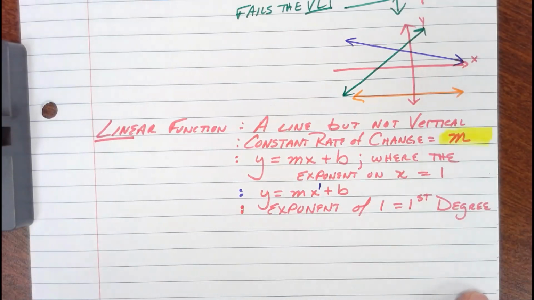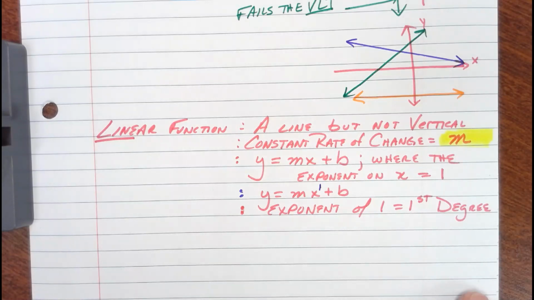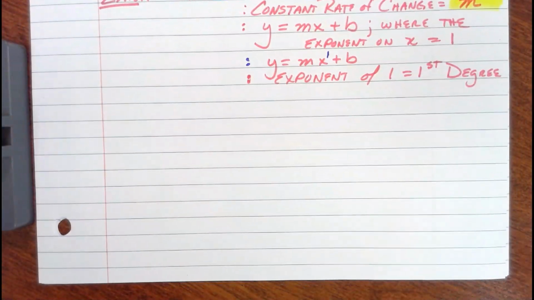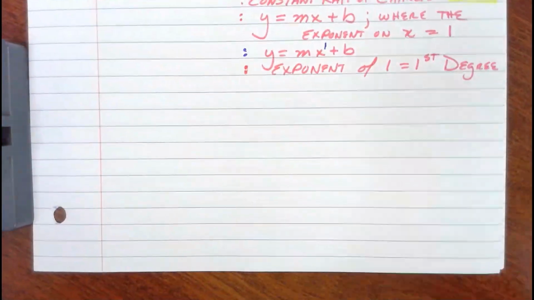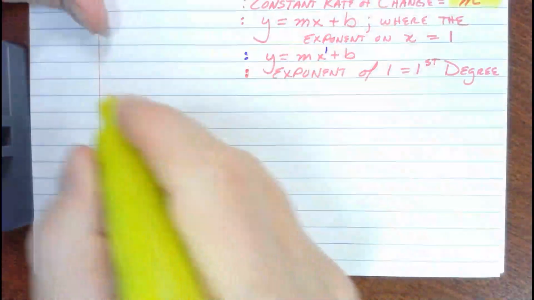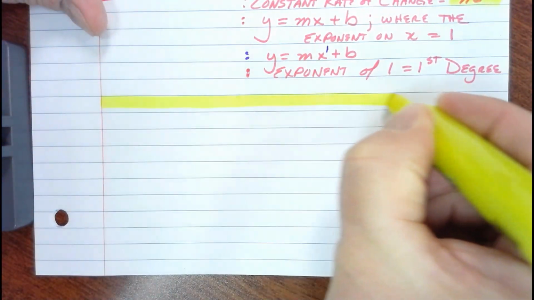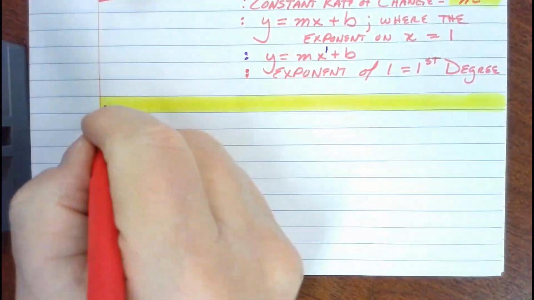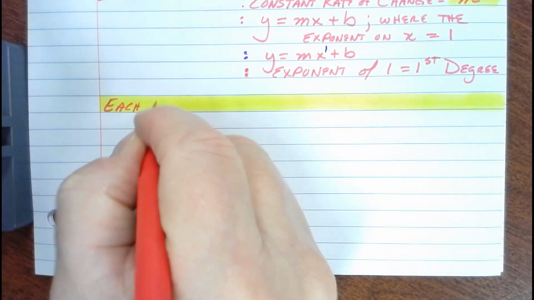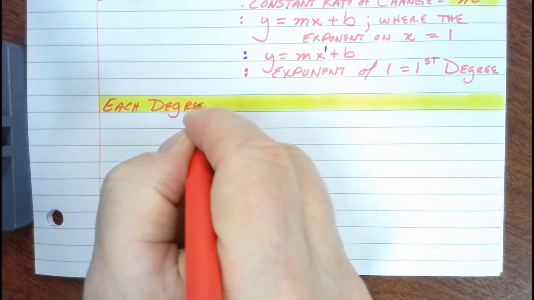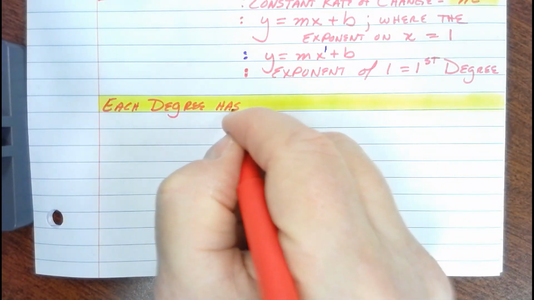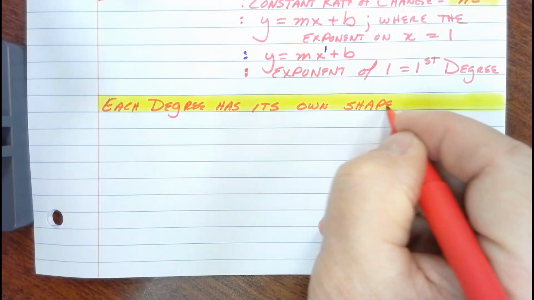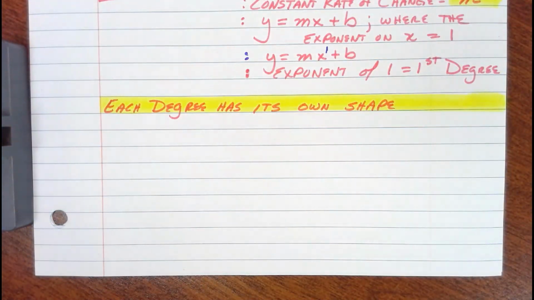And I'm going to briefly describe some other graphs to you, so you can understand, because the key point I'm going to make is that each degree has its own shape.